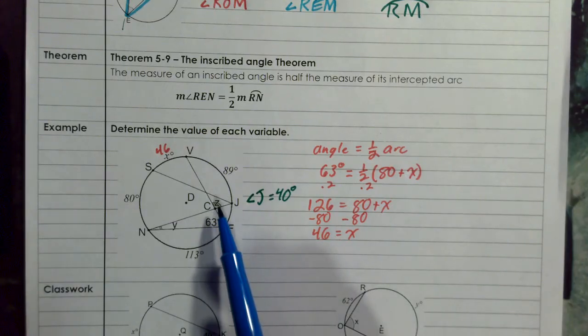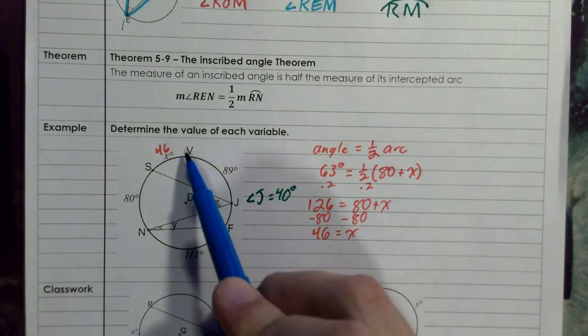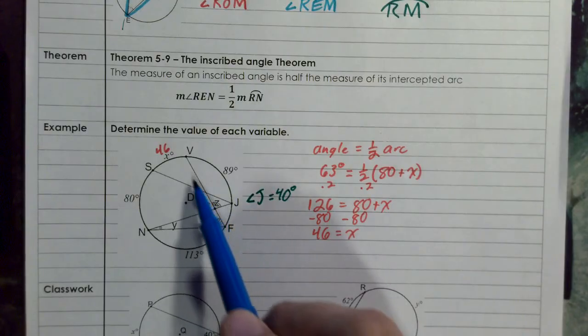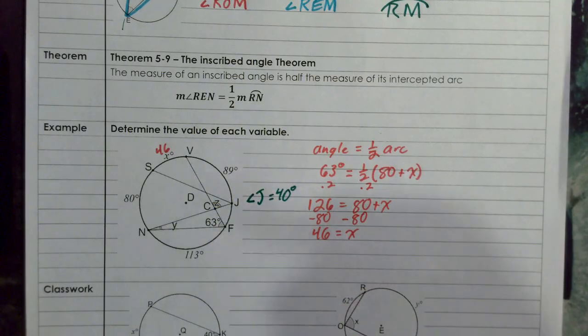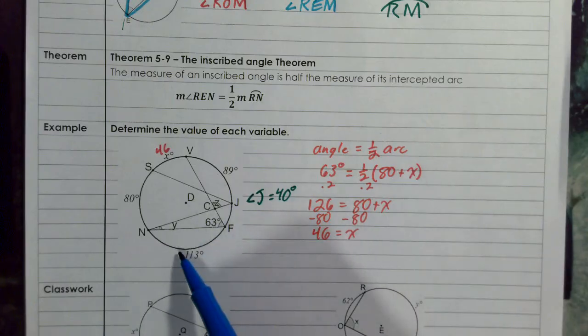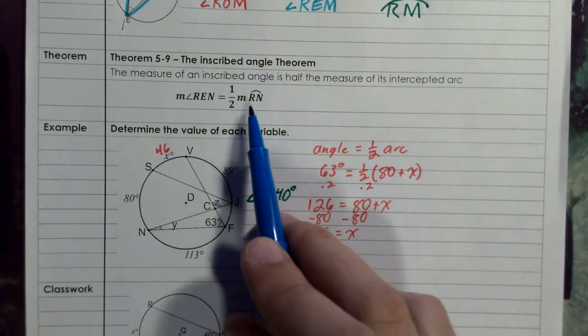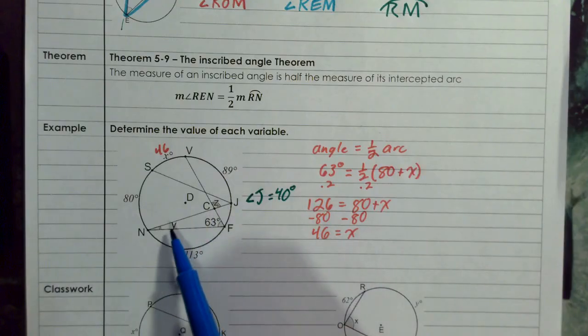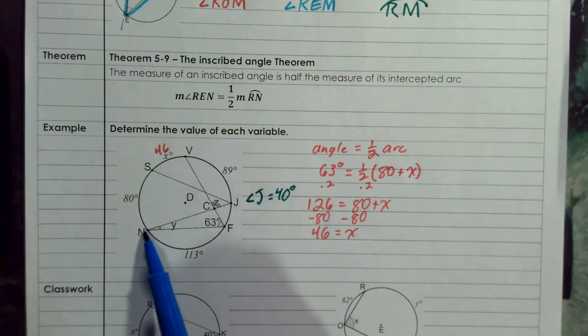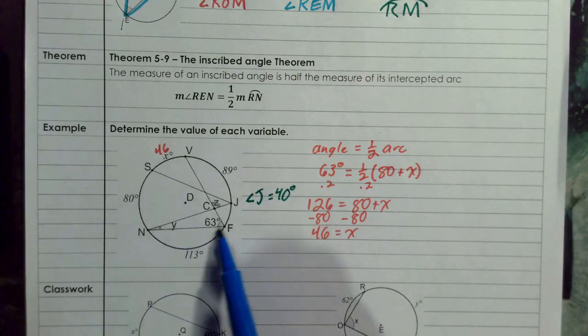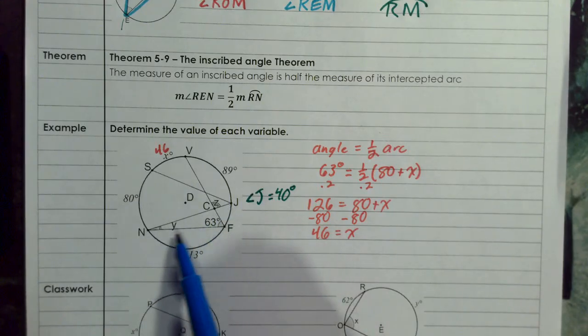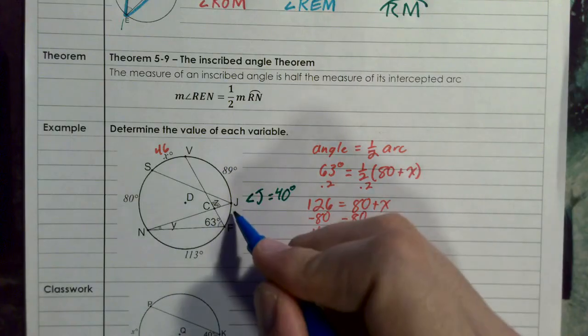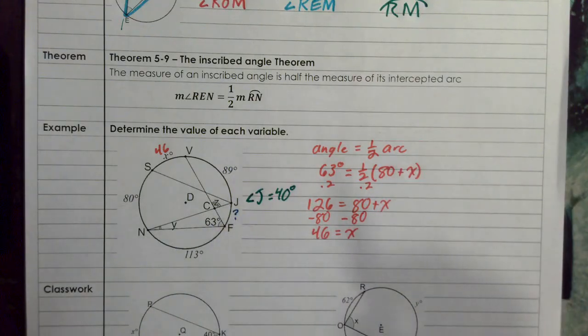Another angle I see right here is Z. Z is almost intercepting this arc because it's not going all the way to the edge of the circle. So I can't quite do that theorem there. I got this y over here as well, and this y is doing that good inscribed angle intercepted arc, but I don't know what this is, or do I?